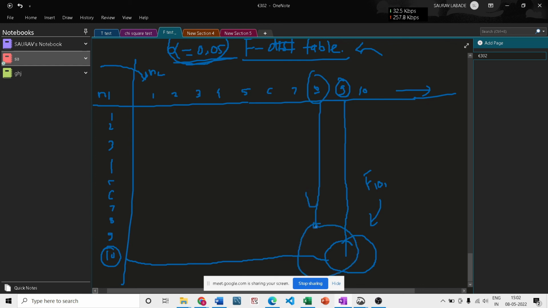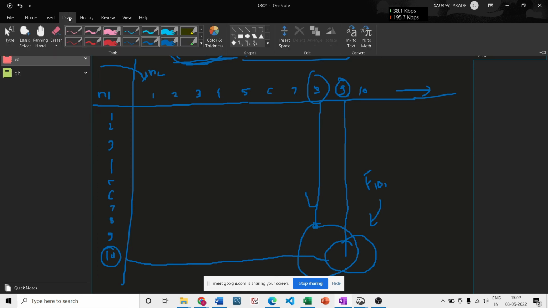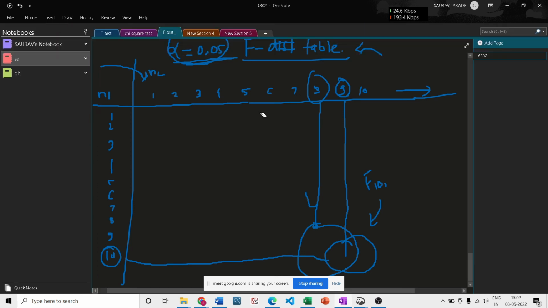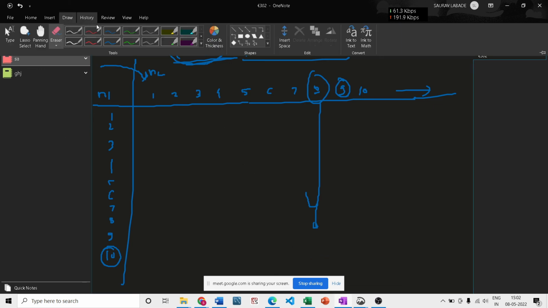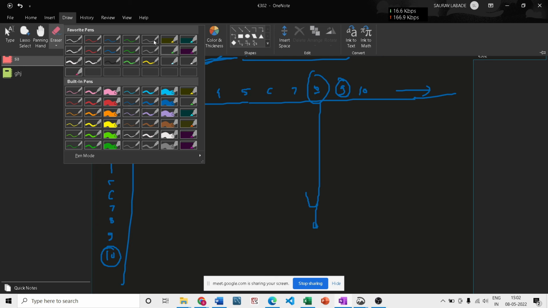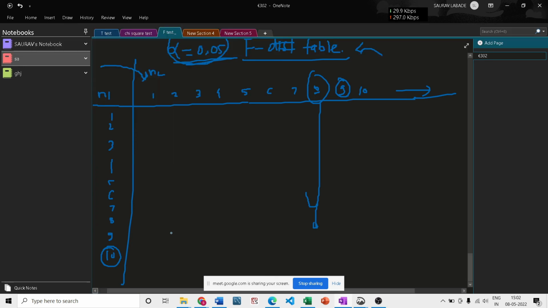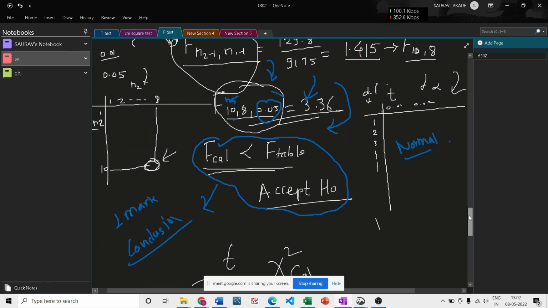Okay, understood now, right? So this is the value of F 10, 8 at 0.05. This value is 3.36.